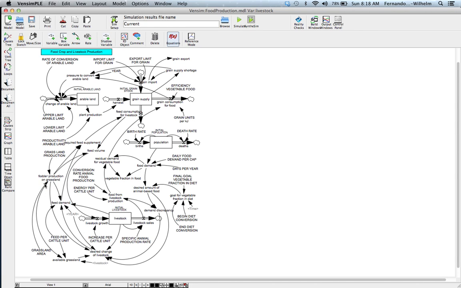so that fodder essentially generates livestock growth through a set of dynamics that are here. The fodder production generates available grass. Okay, now the available grass is the grass available to grow cattle, and that is basically the whole grass production minus what's used to grow the grains.